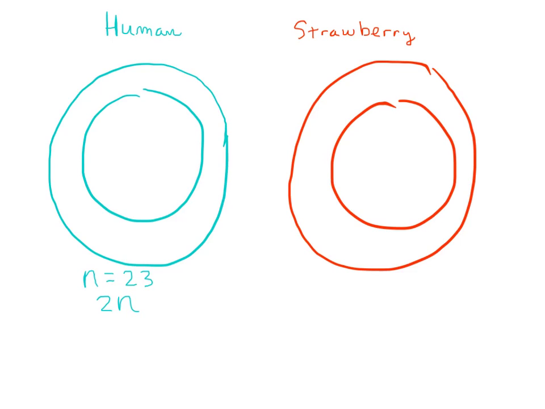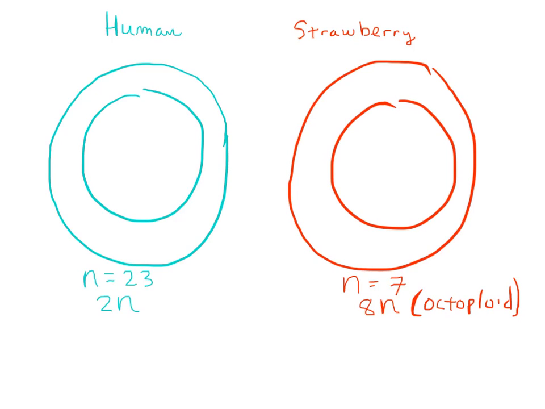On the other hand, strawberries have 7 types of chromosomes, so N equals 7. And some varieties have 8 of each type, so we would abbreviate it as 8N. There's a special term for that, octoploid: 8 of each kind of chromosome.